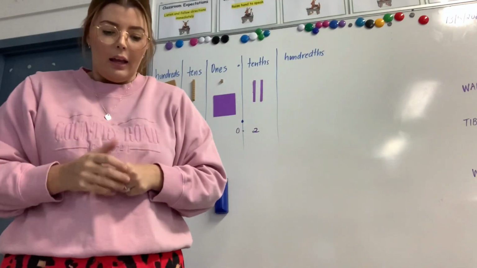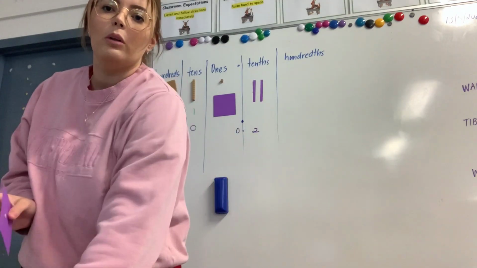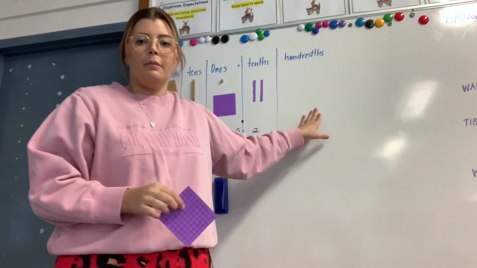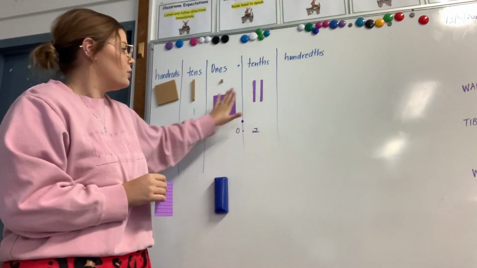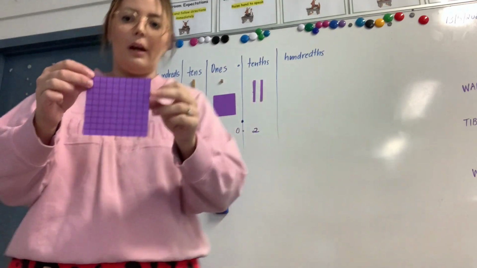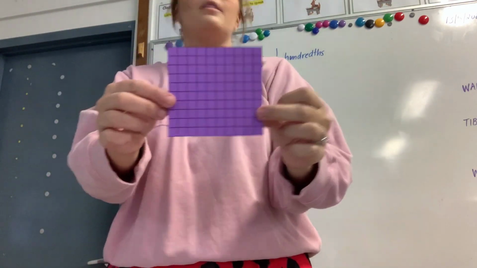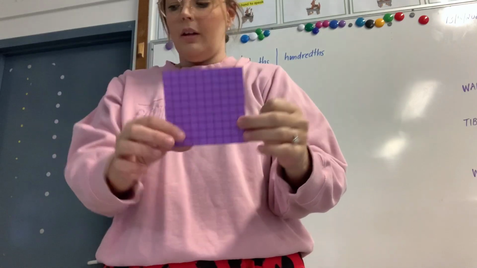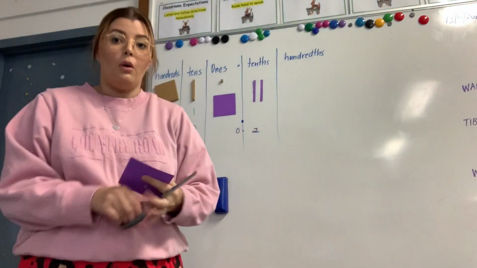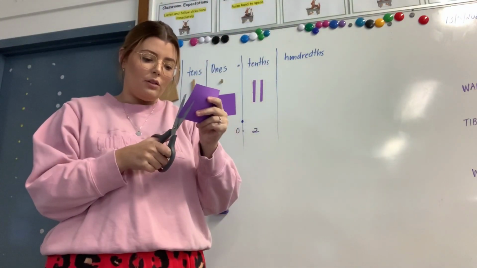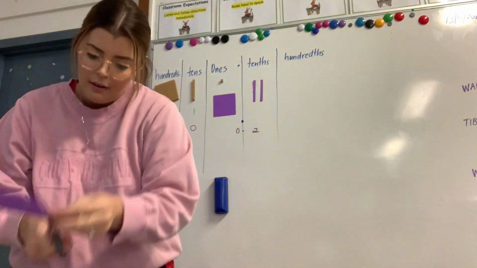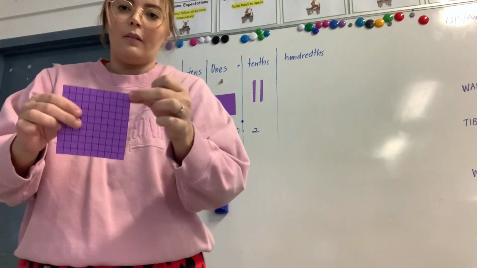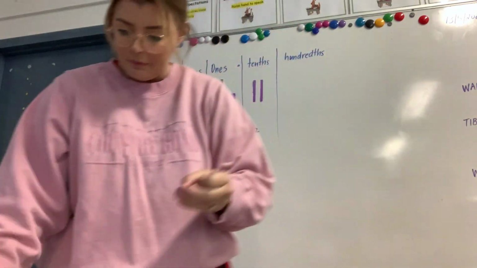Okay, if we were to then go even smaller into our hundredths, again, from our ones to our tenths to our hundredths. Okay, so this hundredths is cut into 100. If I want 1, I need to take 1 square from here. 1.